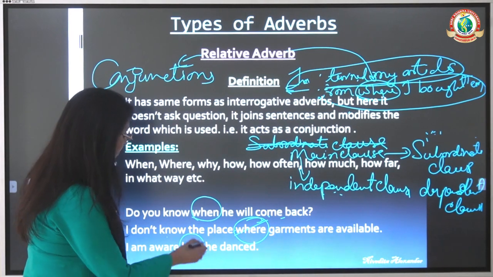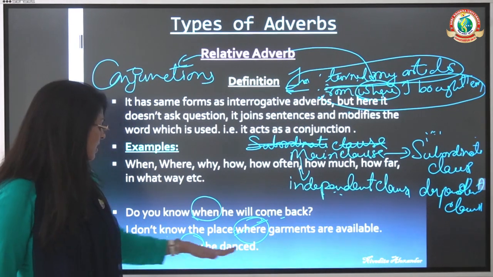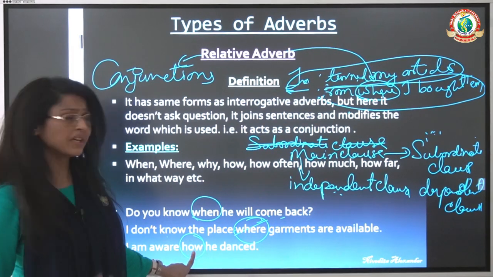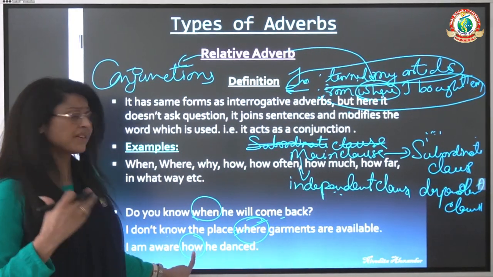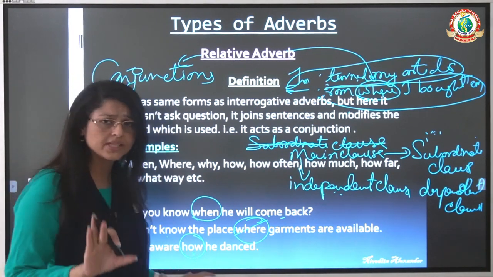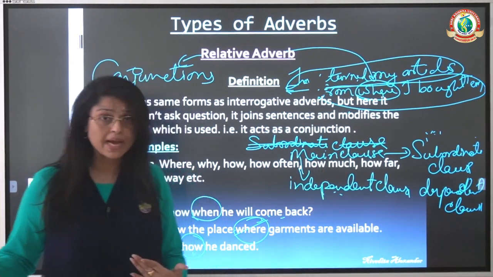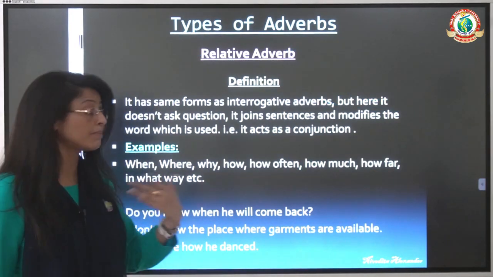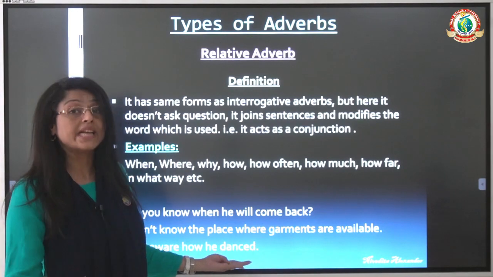See this how, I am aware. This is a question word, but it is not giving any question. It is just giving generic information. I am aware how he is dancing. He danced good, he danced bad. So this is just giving general information, supplying more information, or modifying the way he dances.